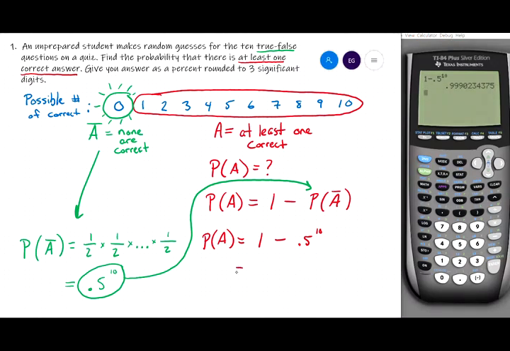Okay, so the calculator is saying, well, we want our answer as a percent, so let's times that by 100. Okay, so we had 0.999023437, or when we convert that to a percent, that was 99.9023437.